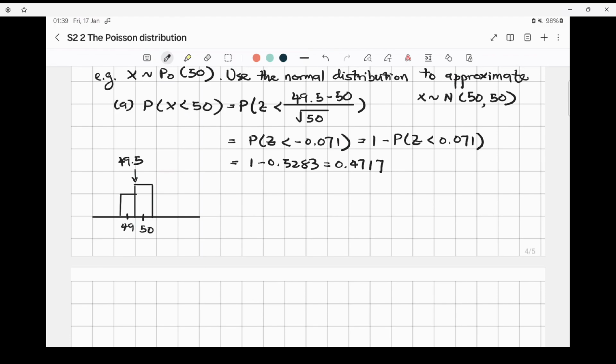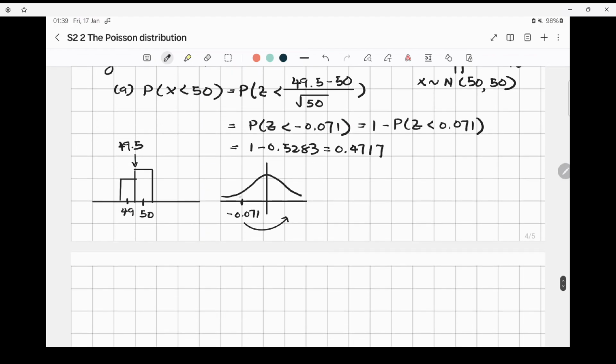And as for how to convert all these, remember that your table in the exam always begins after 0.5. So there's no negative number. If you encounter, let's say, minus 0.071, you have to turn it to the other side. Turn it to the other side, 0.071.